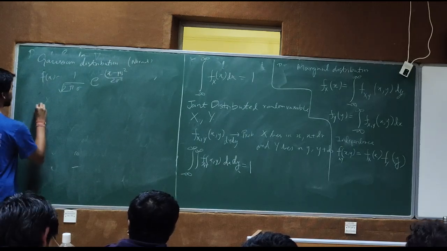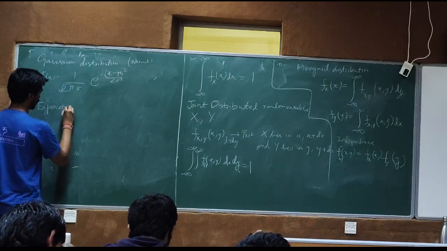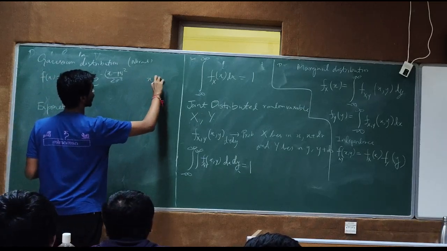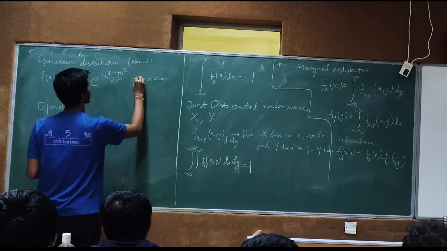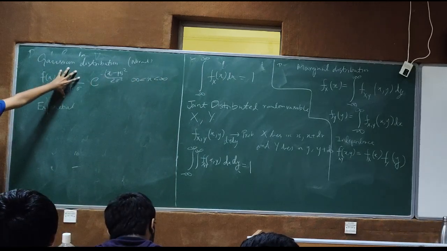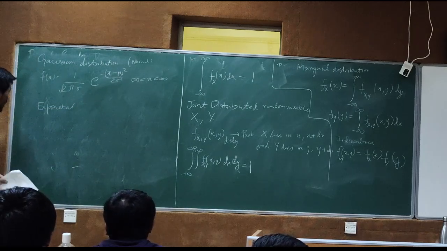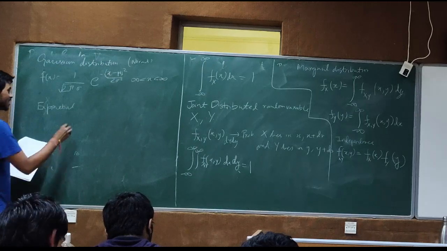The next distribution is the exponential distribution. And this is for x going from 0, and this term in the front is the normalizing factor. If you do the integral, you will get the normalization.